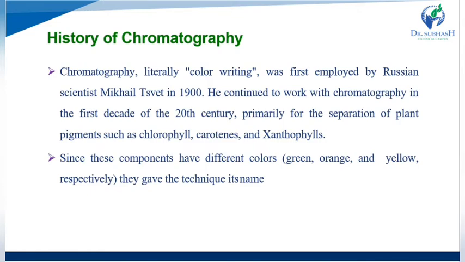He continued to work with chromatography in the first decade of the 20th century, primarily for the separation of plant pigments such as chlorophylls, carotenes, and xanthophylls. Since these components have different colors, that is green, orange, and yellow respectively, they gave the technique its name as per their colors.